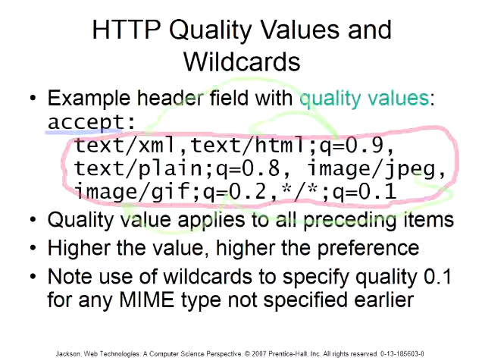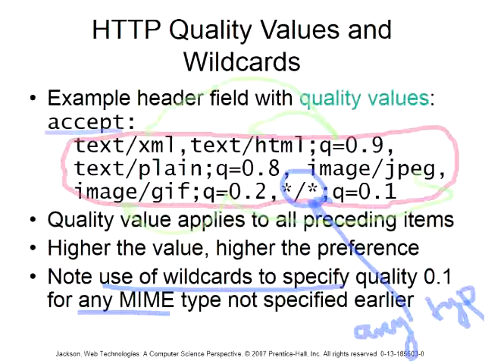And here we use star, or wildcards, to specify quality 0.1 for any type. That means any type.